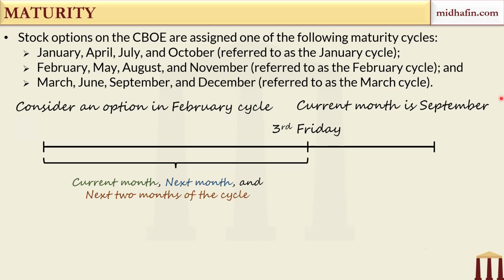So before the third Friday, you will have the options trading for the current month and next month. Current month is September. Next month is what? After September comes October. And then the next 2 months of the cycle.